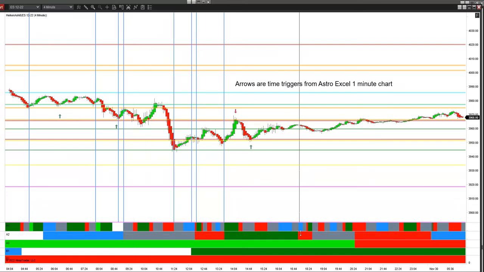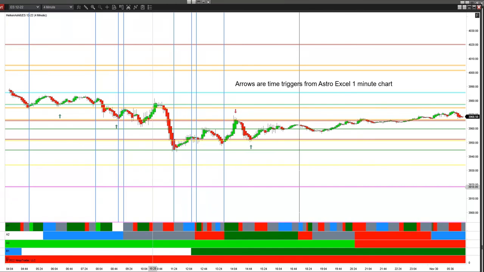Notice we didn't have any windows there the rest of the day, so I'll look for the windows to change, or I'll look at the other indicators to give us triggers like the rainbow, the pH, or the Cosmo.